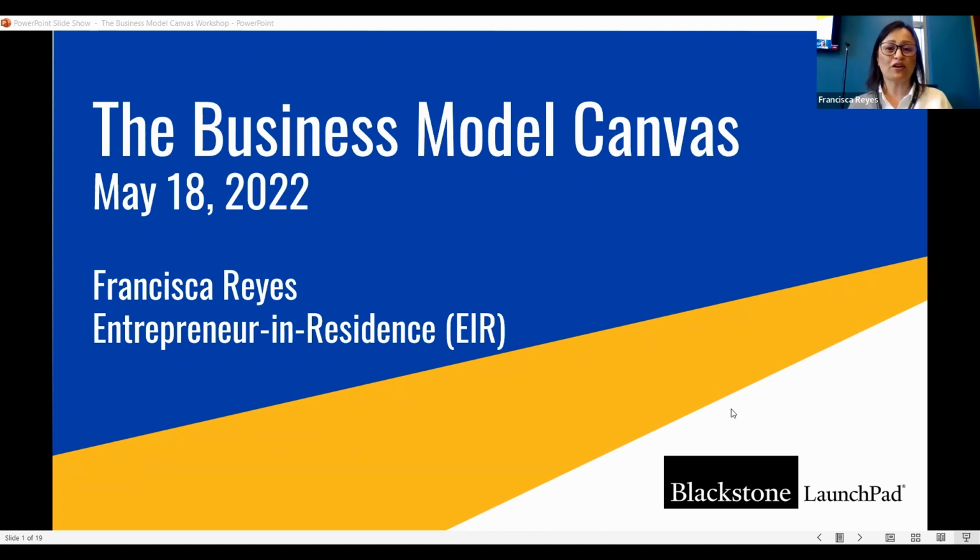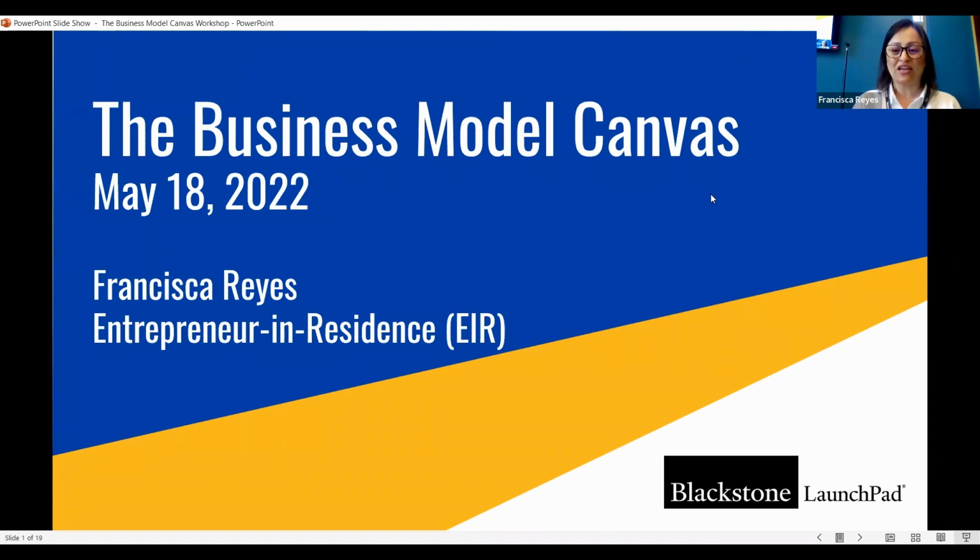So the first thing that we're gonna go over is what is the business model canvas? The business model canvas, it's one tool that was created many years ago. And believe it or not, one of the things that it's interesting is because it was created to solve a problem.